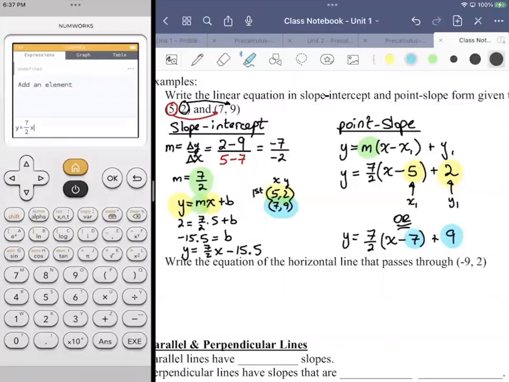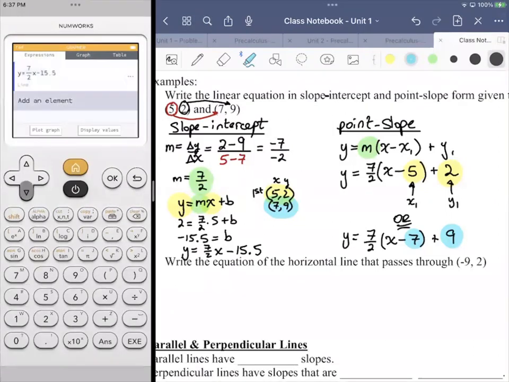If I hit it once, it brings up the X. If I hit it twice, it brings up an N, then a T, then a theta. They don't have theta written on the key, but all I want is the X. So if you need a variable, odds are this is where you're going to go. Minus 15.5. And then hit OK.